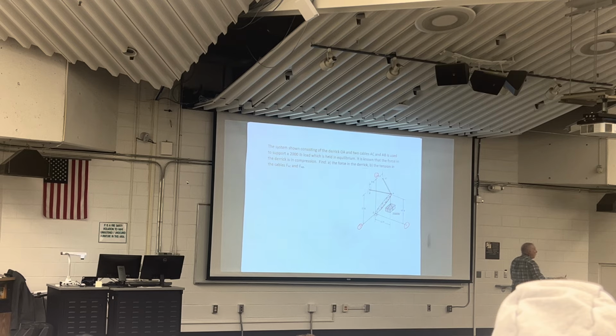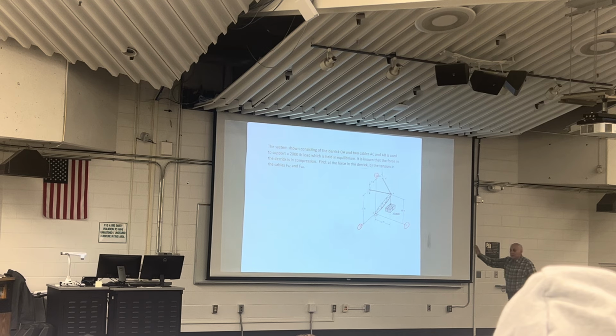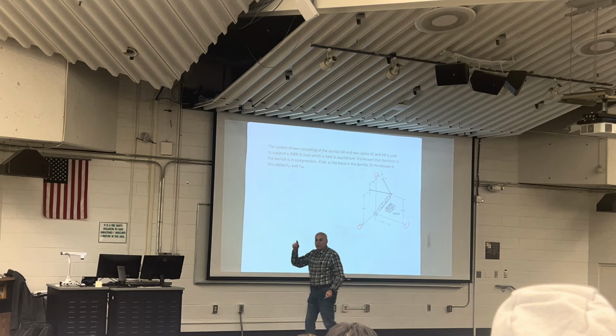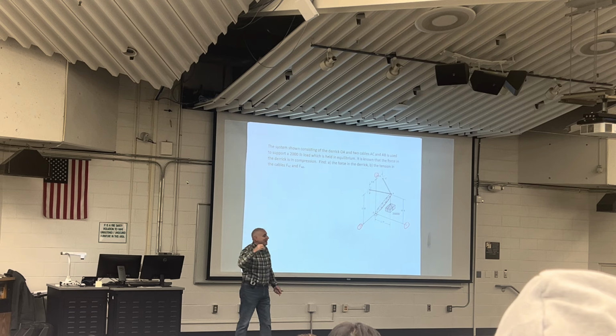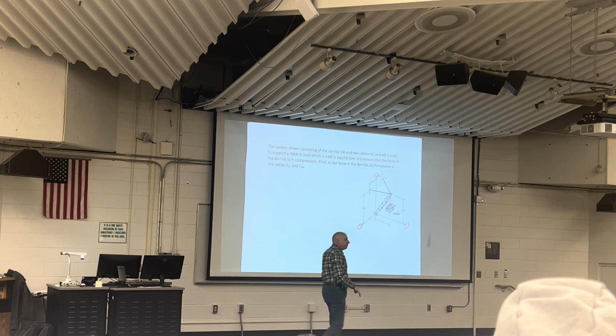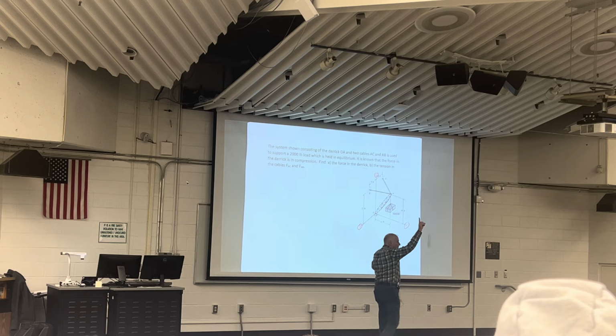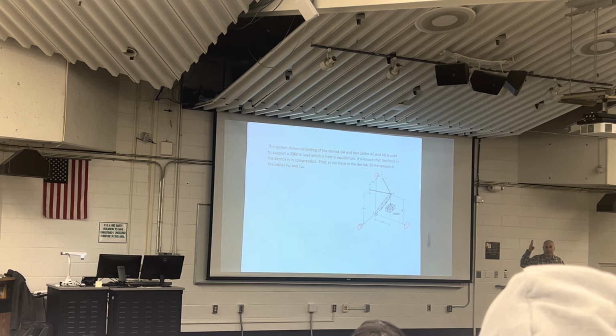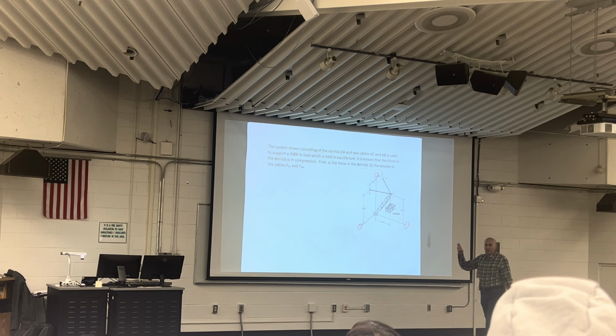Once I see that, what goes in your head? Yes, sum of the forces in x equals 0, sum of the forces in y equals 0, sum of the forces in z equals 0. How many unknowns are in there? 3. Cable AC, 1. Cable AB, 2. And the derrick OA, 3. How many equations do I have? 3.